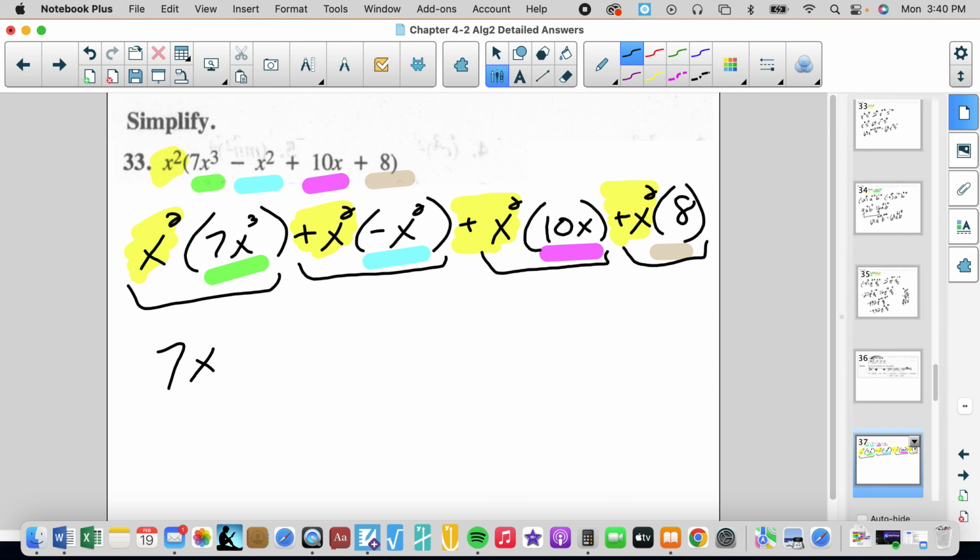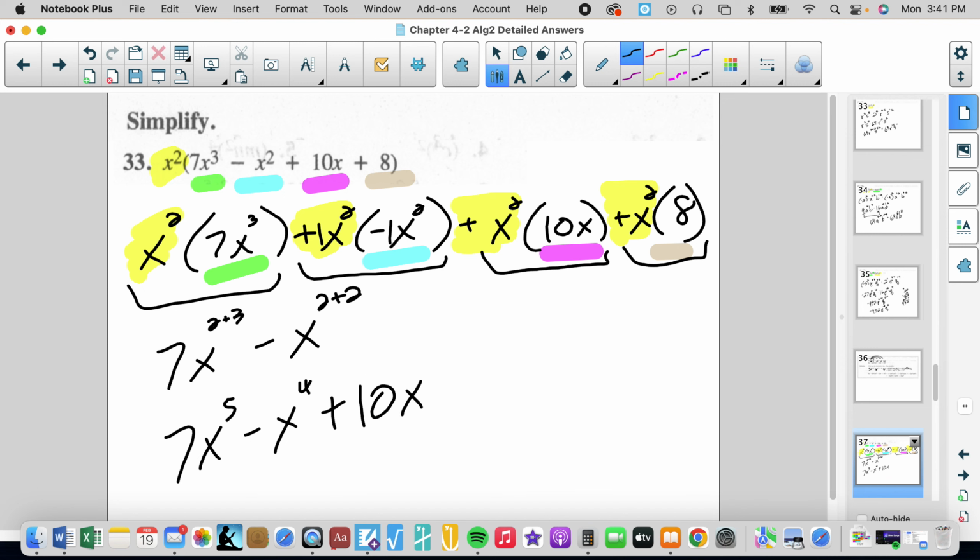So 7x to the 2 plus 3, which is 7x to the 5th, negative x to the 2 plus 2, that's a positive 1 and a negative 1, which makes the negative, minus x to the 4th. Then we have plus 10x to the 2 plus 1, which is x to the third, and then plus 8x squared.